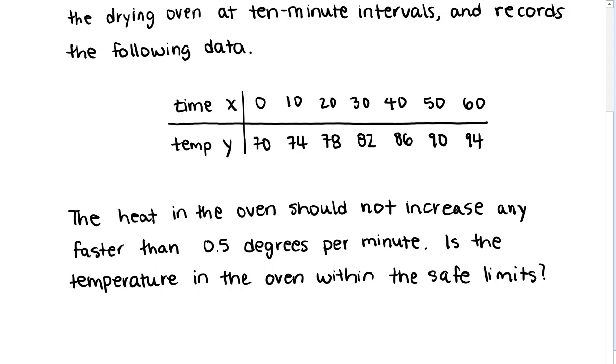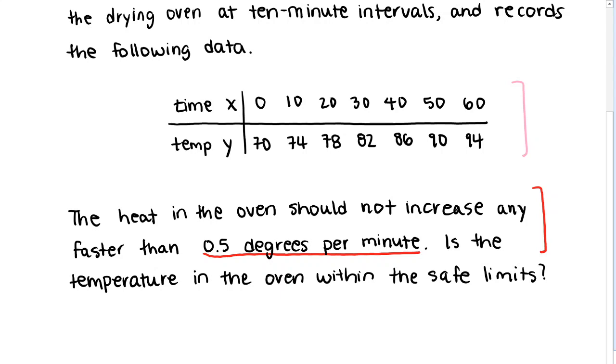We're tasked with figuring out, is the temperature in this oven within the safe limits? Here we have to make sense of the data in this table. We need to decide whether or not it satisfies this condition, that the heat in the oven does not increase faster than 0.5 degrees per minute.